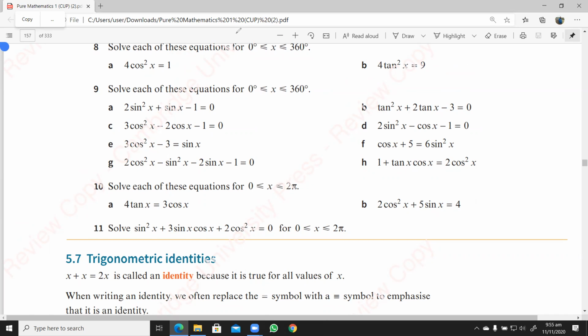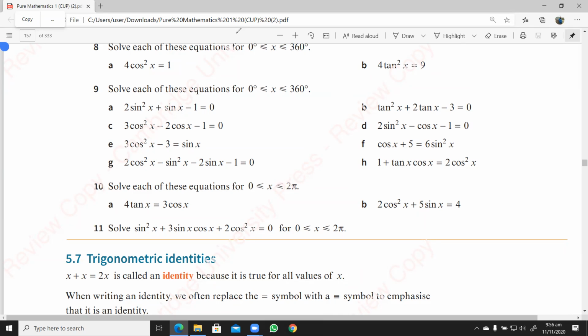This is 3 cos square x minus 3 equal to sine x. So how would you solve this? Or what is the problem that you find in this equation? You must know the problem first, and only then can you give the solution. Anyone who can tell what is the actual problem with this equation?